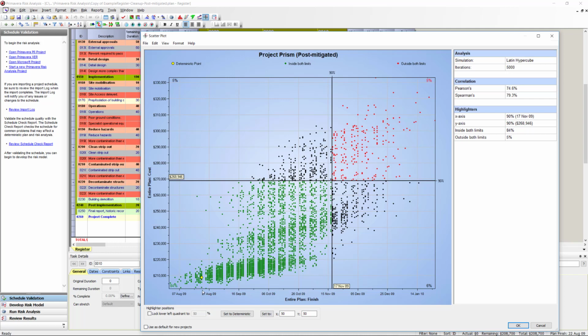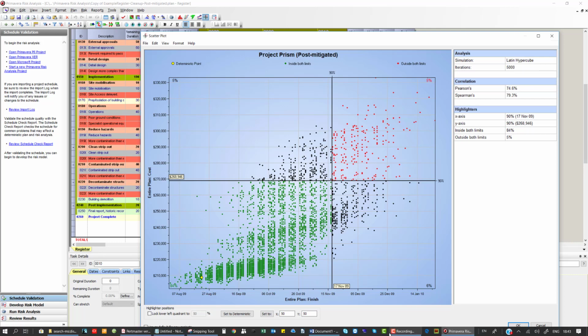So we have September, October, and November. So we are 3 months late according to our risk analysis. So I would suggest to our project manager to perform risk analysis to have a better idea of the cost and the duration of his project.